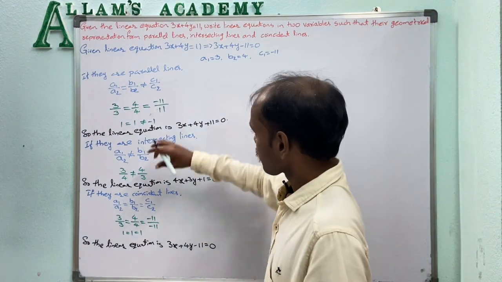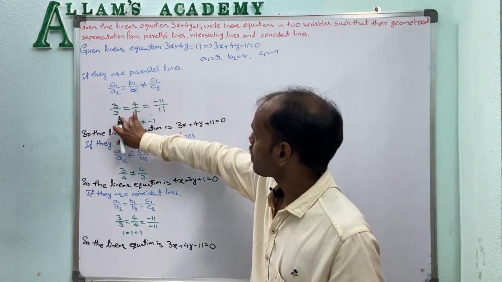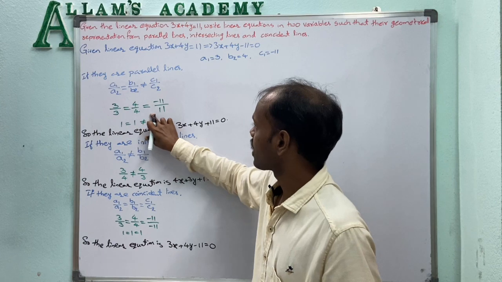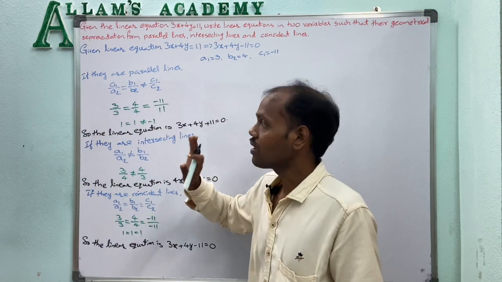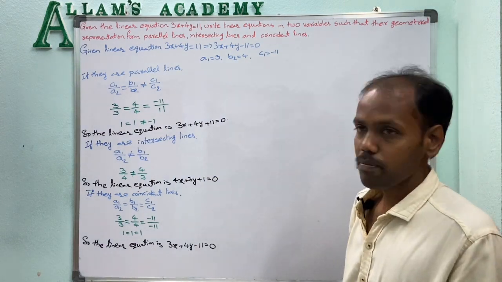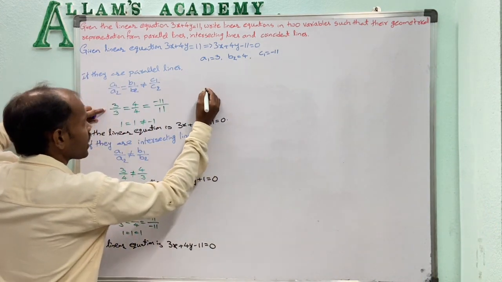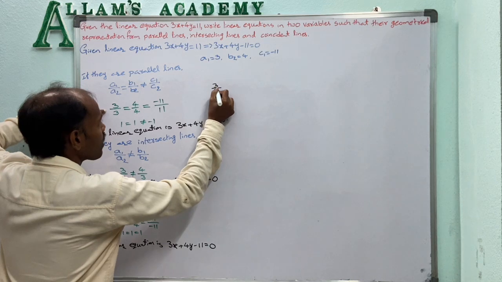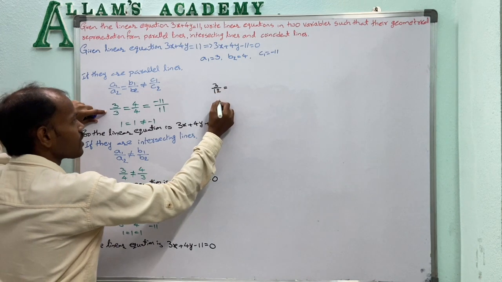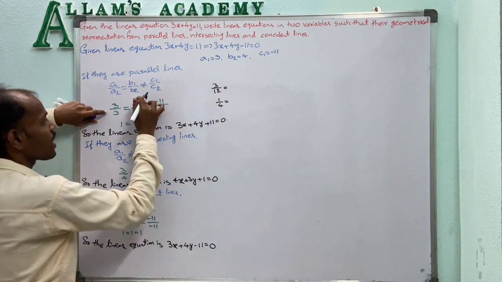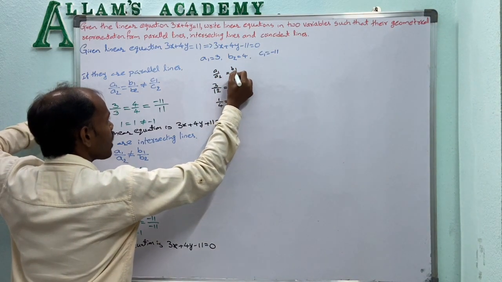Here a1 by a2 equal to b1 by b2, so the same numbers are taken but c2 is taken differently. With the same ratio coming, anyone can take, there is no problem. For example, if I take a2 equal to 12, then 3 by 12 is the ratio 1 by 4. So the b1 by b2 condition must also be 1 by 4.